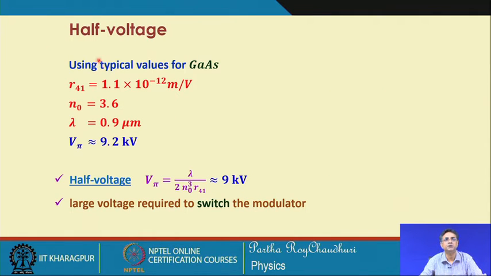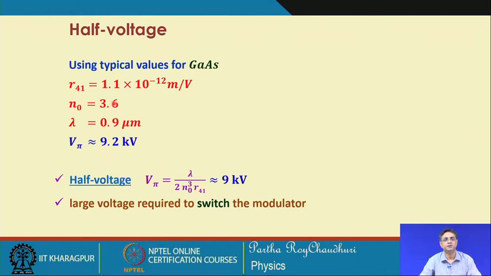So, if we use the typical values for gallium arsenide, using the same numbers that we used earlier, that is n 0 equal to 3.6 and lambda equal to 0.9, we find that V pi is of the order of 9 kilovolt, which is half the voltage that was required for phase modulation.